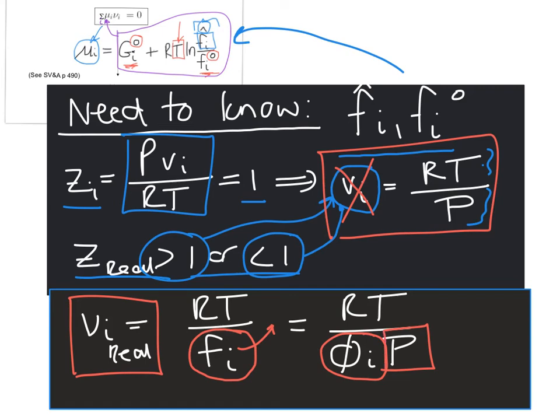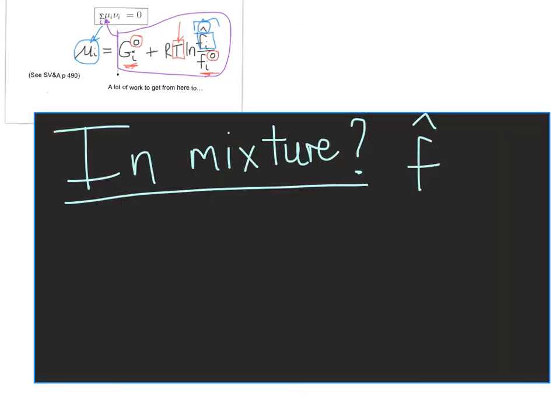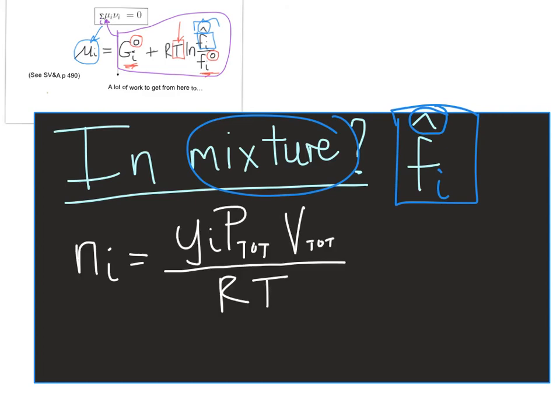In a mixture of gases, and this is what this caret refers to, we are now considering the effect of the fact that it is in contact with other molecules, unlike molecules with different interactions. If we had an ideal gas mixture, we can calculate the number of moles of component i if we know its partial pressure in that mixture as predicted by the ideal gas law multiplied by the total volume and the temperature of the system.